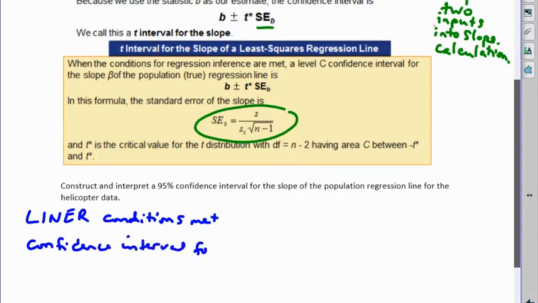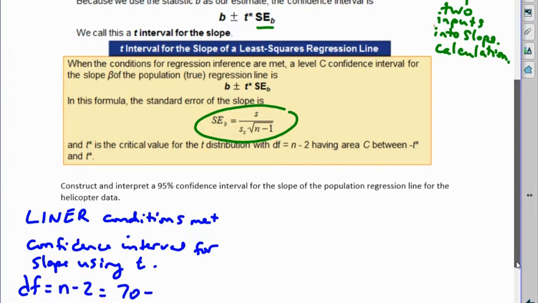We're going to do a confidence interval for the slope of the least squares regression line. We're going to be using t. Our degrees of freedom is going to be our sample size minus 2.